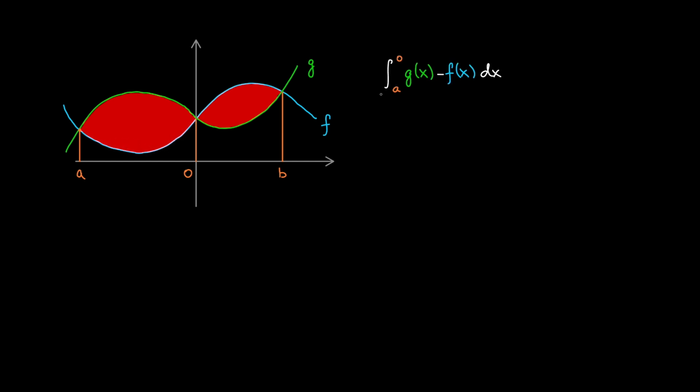So that means we can construct an integral from a to 0 of the function g minus f. However, from 0 to b, we see that the functions interchange positions. From 0 to b, the function f is now above and the function g is below. So that means we can construct an integral from 0 to b of the function f minus g.